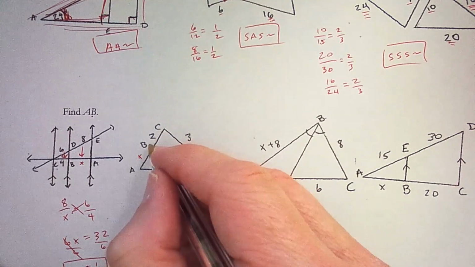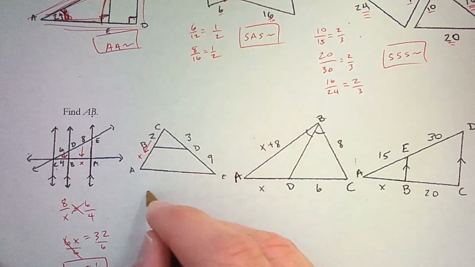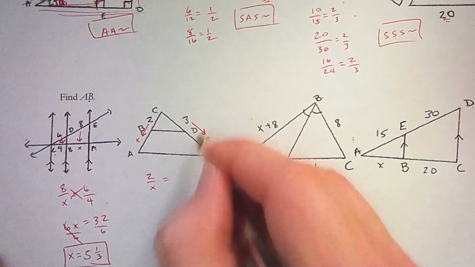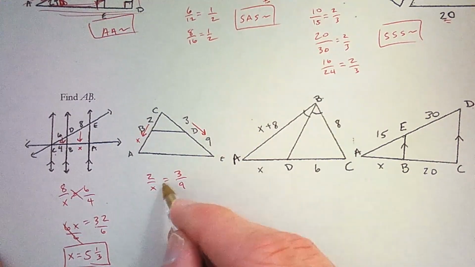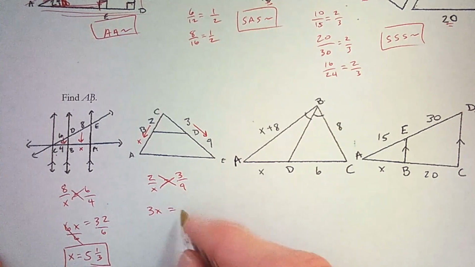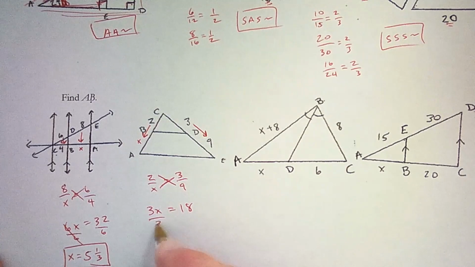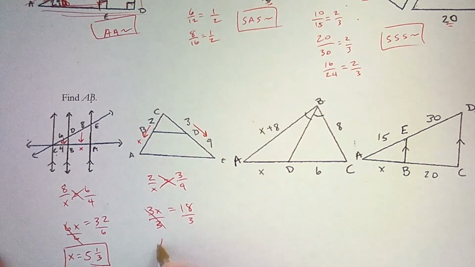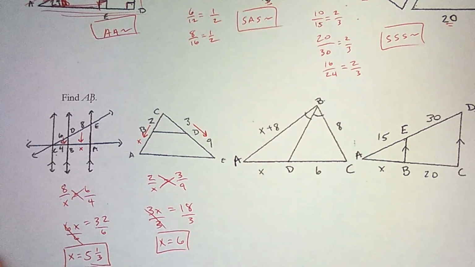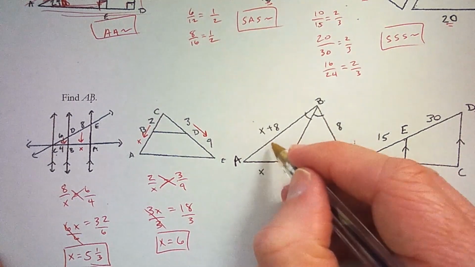Okay, again, I'll just let the shape kind of make my proportion for me. 2 is to x as 3 is to 9. So I've got 3 times x, and 9 times 2 is 18. And I'll divide by 3 and get x is 18 divided by 3 is 6.